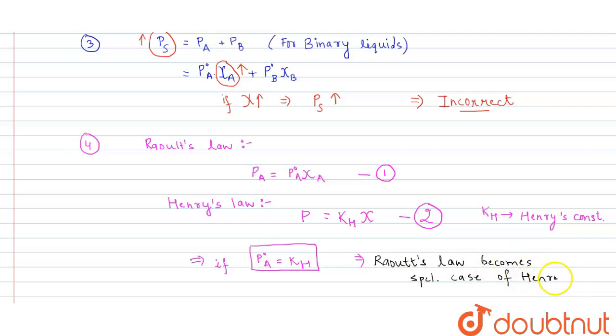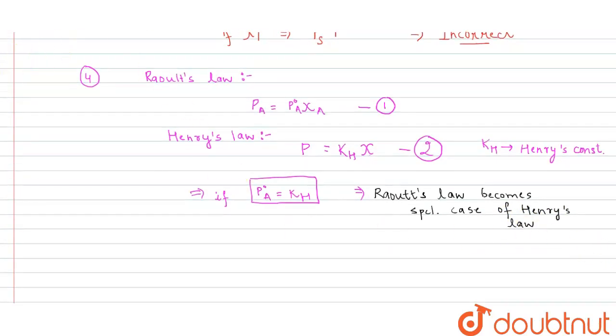This is how these two expressions are linked to each other, and hence what we can conclude about this statement is that this statement is also true. It stands correct, right?